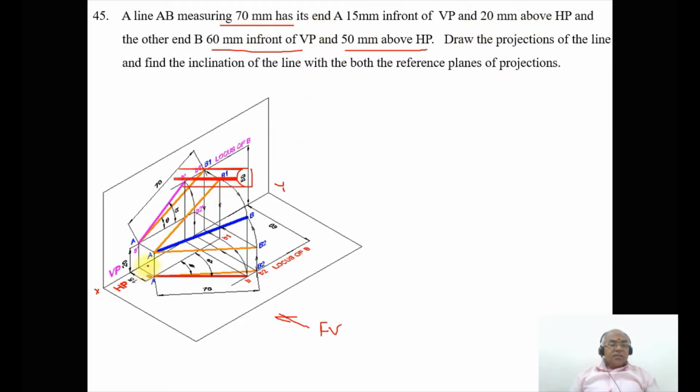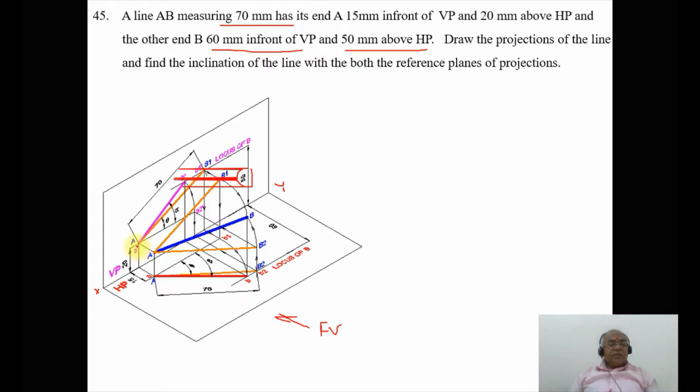As we know, this is the true length line in the front view. You have the locus of B in the front view and the locus of B in the top view. The true length of the point B is going to lie on this locus, and the true length of the point B in the top view is going to lie on this locus.